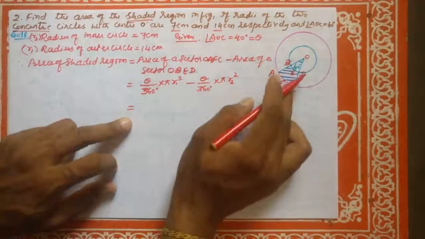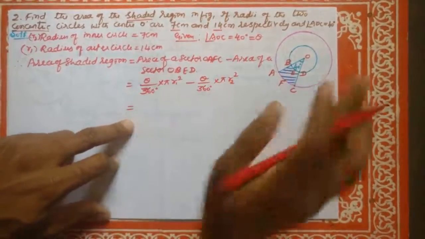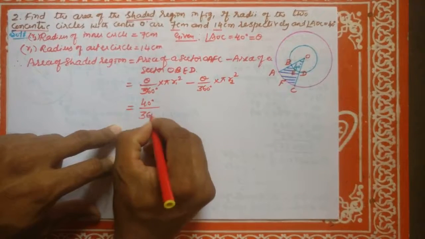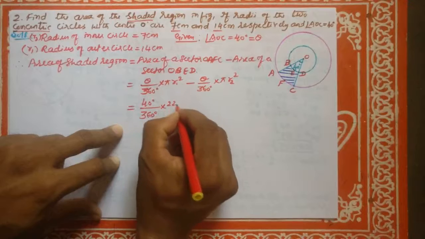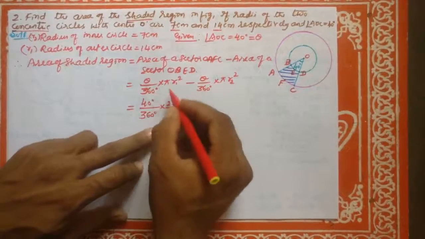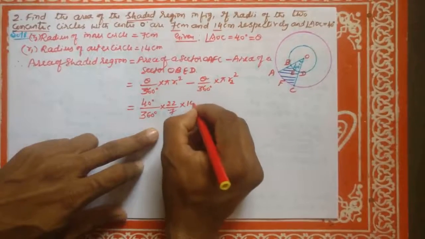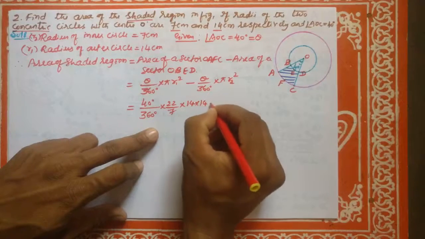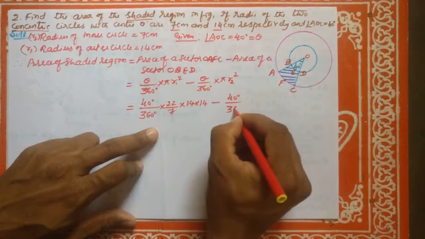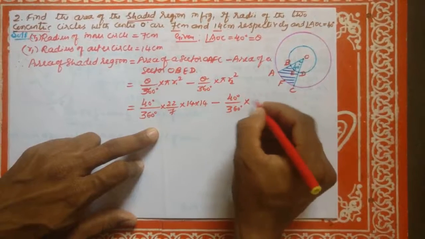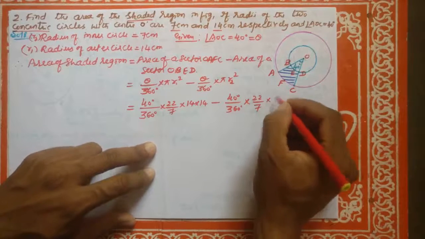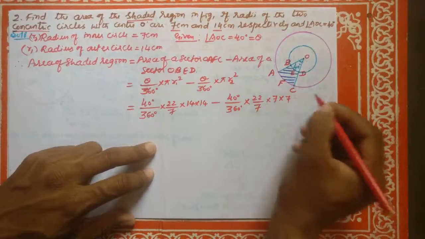Both sectors have the same angle, that is theta is equal to 40 degree divided by 360 into pi value 22 divided by 7 into radius for outer circle, that is 14 centimeter, 14 into 14, minus theta 40 degree divided by 360 into pi 22 divided by 7 into inner radius 7 into 7.